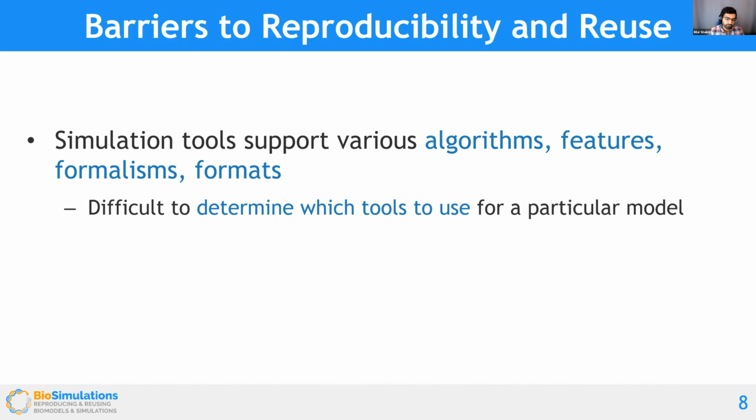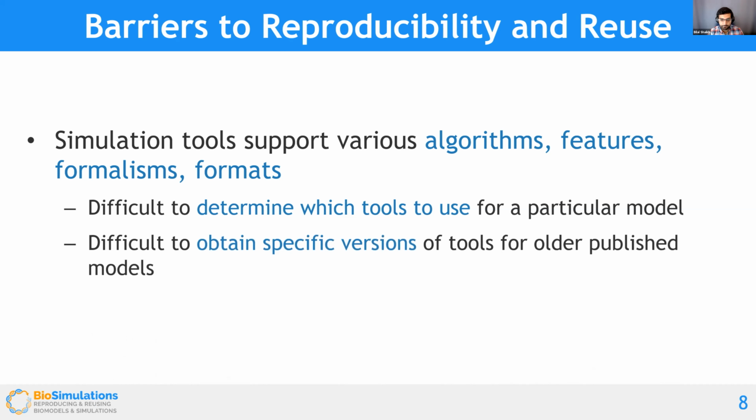And that's something that Tellurium doesn't support. There are other tools that do support PDEs that then don't support things like spatial models or discrete models, stochastic models. So essentially, there are quite a few different techniques and formats available out there, and many different tools that all have different support for those.